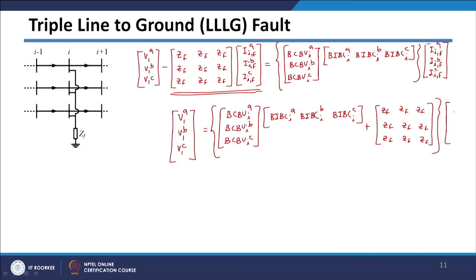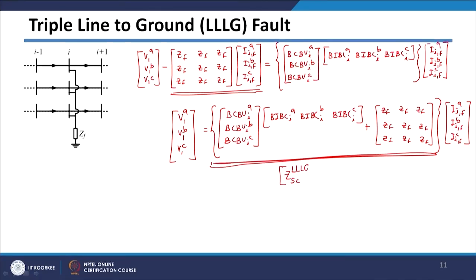and this is getting multiplied with respect to fault current in A phase, fault current in B phase, fault current in C phase. And this particular matrix from here to here, I am calling it as Z short circuit matrix for triple LG fault.